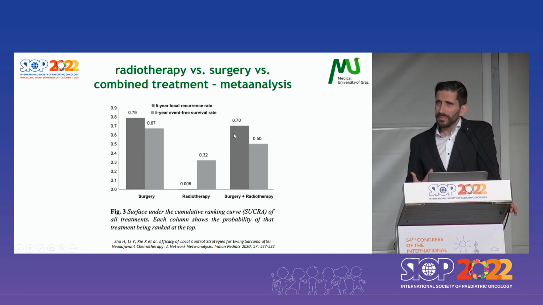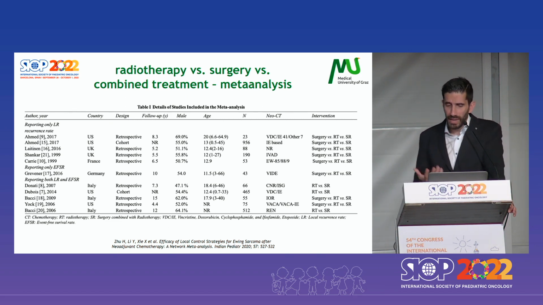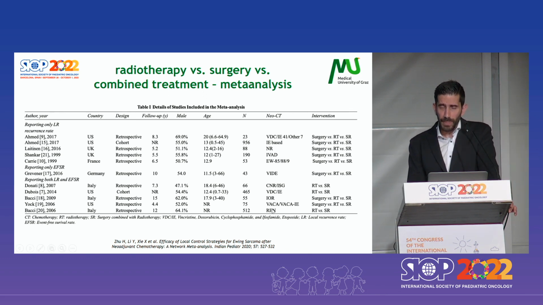But this is a little difficult to understand, because if you do surgery and add radiotherapy, you would not expect to have a worse local control, at least. And if you go back to the studies that this meta-analysis included, then you see again that we have retrospective studies with very, very different cohorts of patients that were analyzed, and more importantly, the systemic treatments that these patients received are very different.